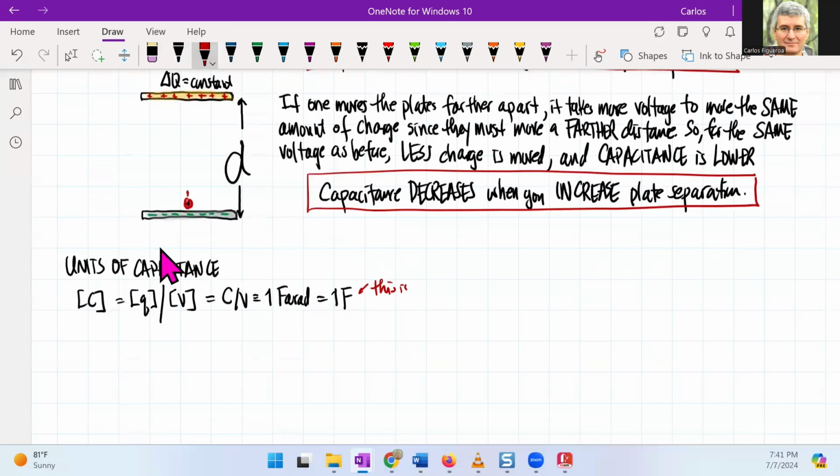This is huge. This is a huge capacitance.